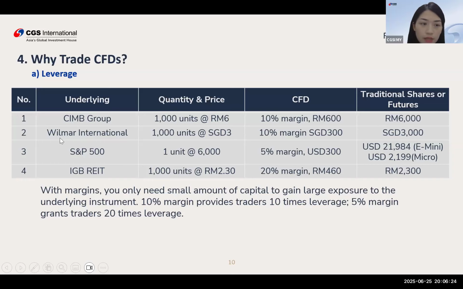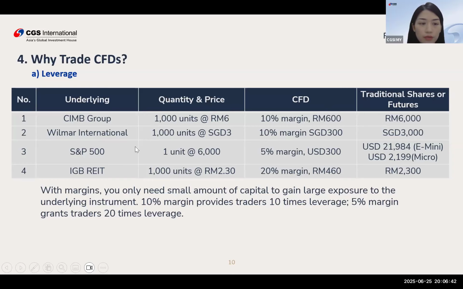Same for Singapore stocks, like Wilmar. If you want to trade 1,000 units at 3 Sing, with traditional shares it costs you 3,000 Sing. For CFD, because of the 10% margin we charge, it only costs you 300 Sing.